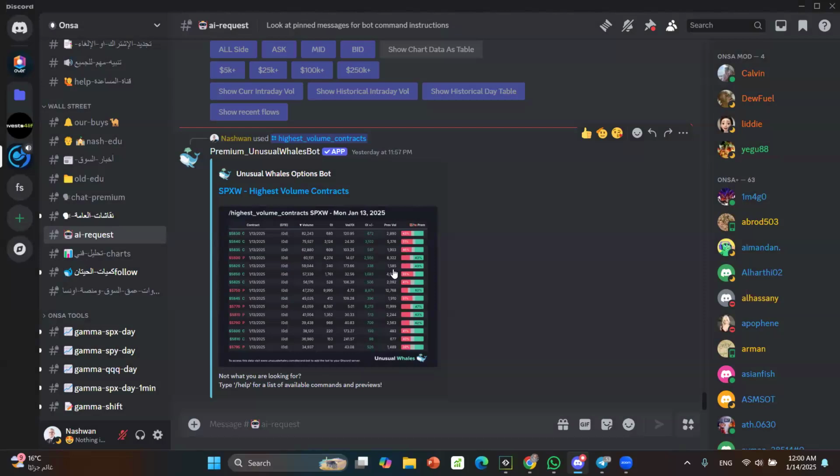Because when you see this with your own analysis, you can easily identify the market direction. You are combining two separate methodologies, technical analysis and liquidity analysis together, and you will finally find the direction.